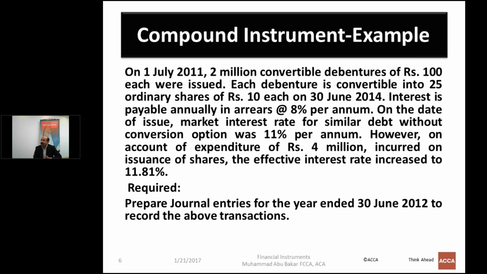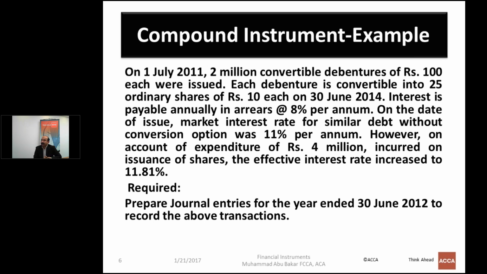Each debenture is convertible into 25 ordinary shares of rupees 10 each on 30th June 2014. Interest is payable annually in arrears at the rate of 8% per annum. On the date of issue, the market interest rate for similar debt without conversion option was 11% per annum.